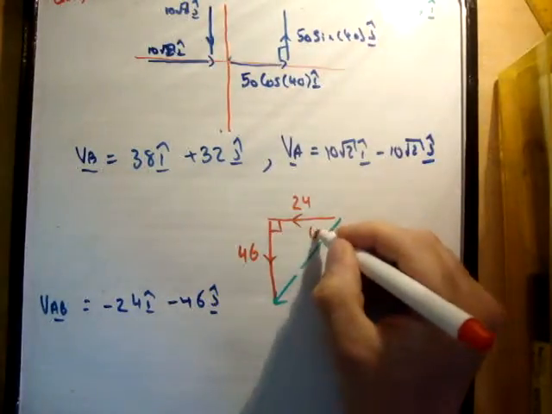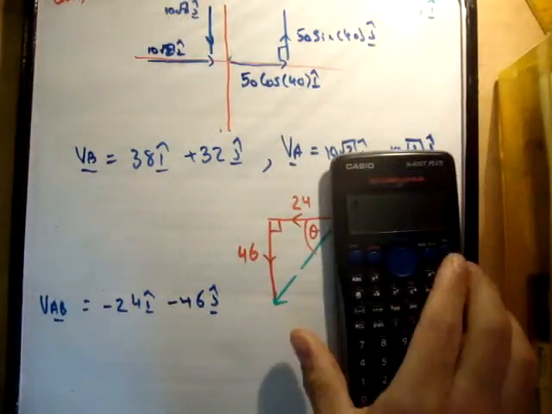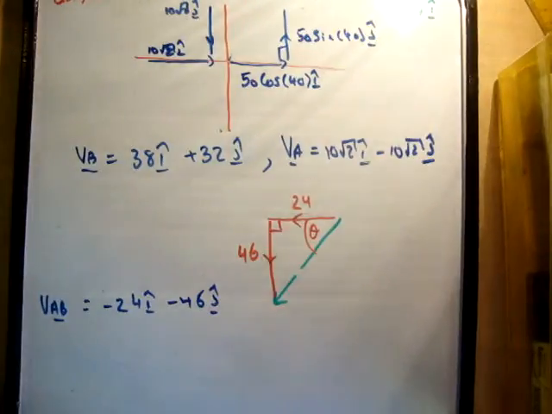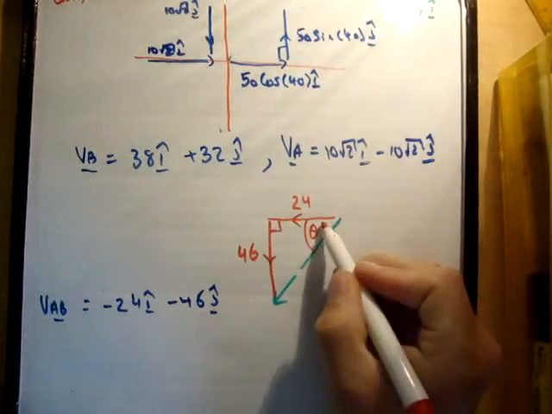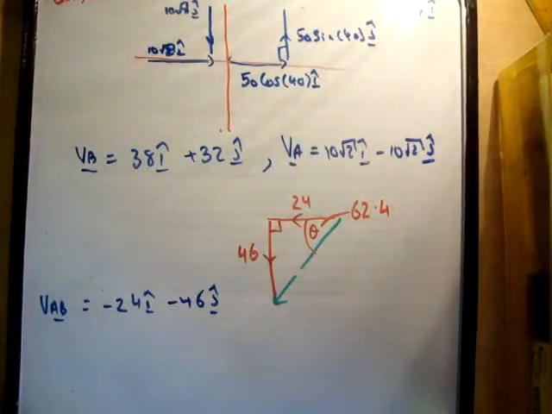And if I call this angle here theta, then in order to get theta, we just take an inverse tangent. So I press shift tan for inverse tan. It's going to be 46 divided by 24, and give me an angle of, we'll say, 62.4 degrees. So theta is equal to 62.4. Alright, so that's its direction. Then to get the magnitude, it's just a right triangle.